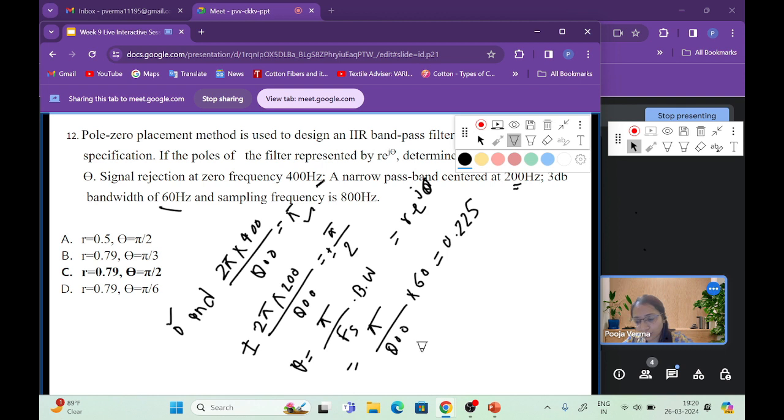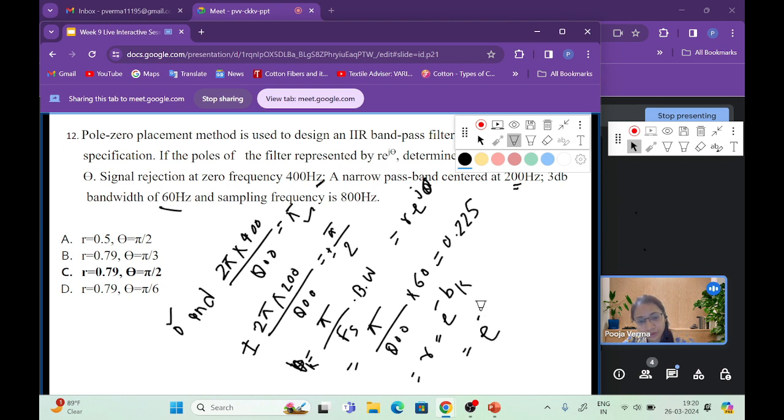Now, in order to find out r, we take r equal to e to the power minus bk, which is also one formula. Note it is bk, not theta.